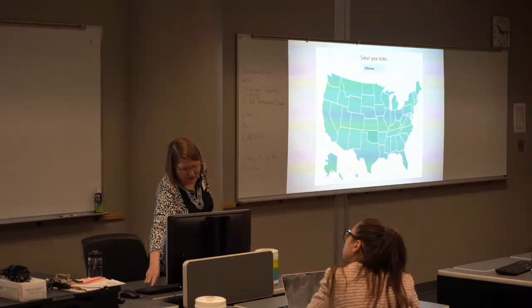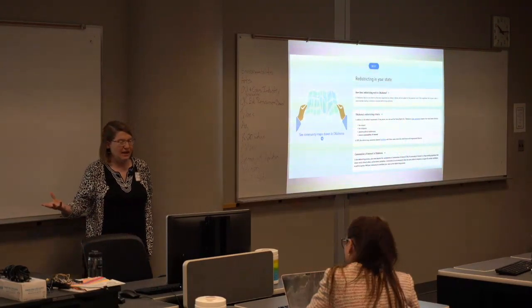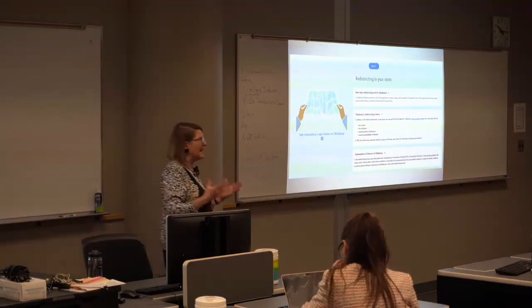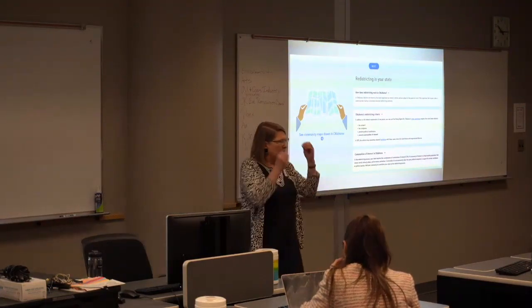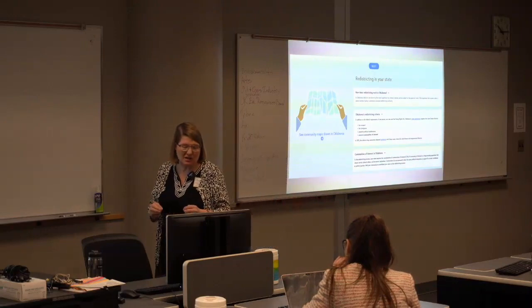You would select your state, and then it talks about redistricting in each state, right? So it's really enabled you to say, specifically for this state, here's how we think about redistricting.